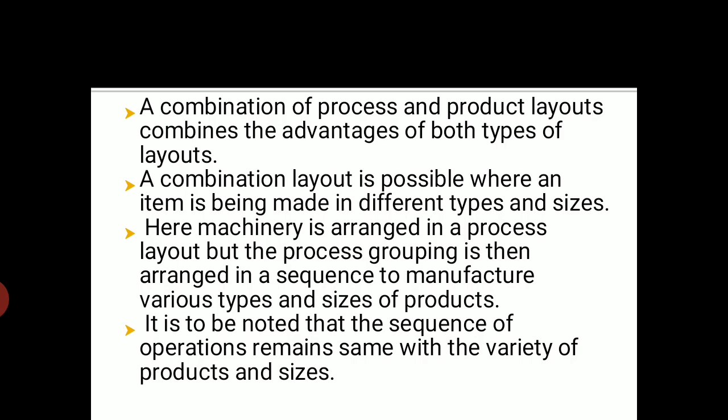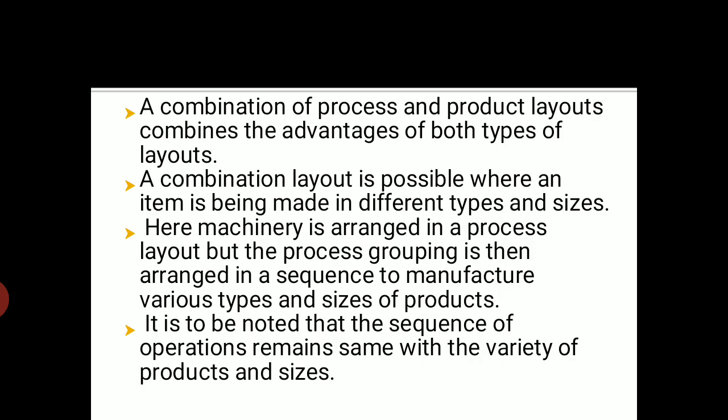Product layout tells you that when there is standardized production, we can use product layout. But when you want variations in production, process layout is suitable. But when you want both, different types and different sizes, with variations in the goods, the best suitable layout is the combined layout.